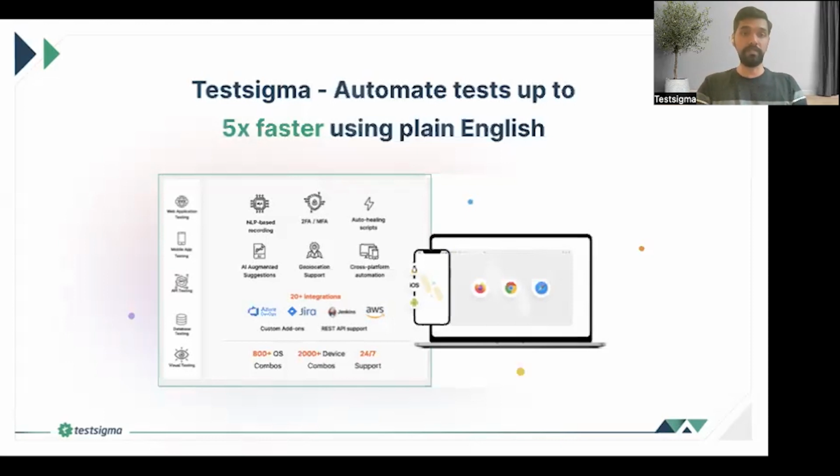You can create, execute, and manage automated tests for web, mobile, desktop apps, and APIs with Testsigma. You can run tests across 800 plus browser and operating system combinations, and you have 2000 plus real mobile devices where you can run tests. So everything is part of this unified platform called Testsigma.